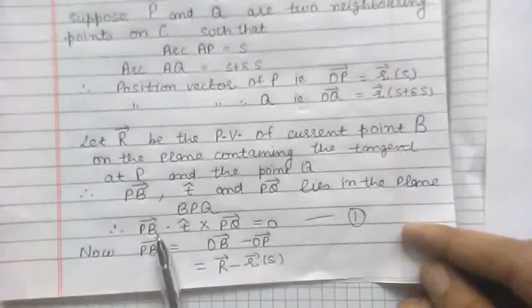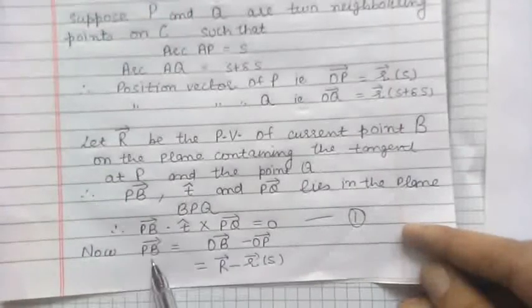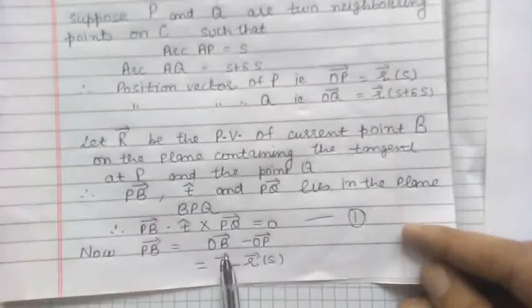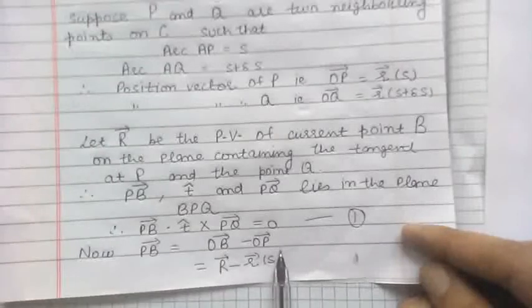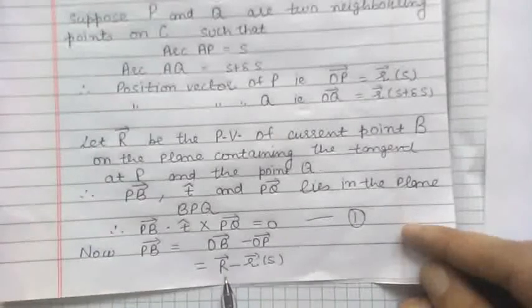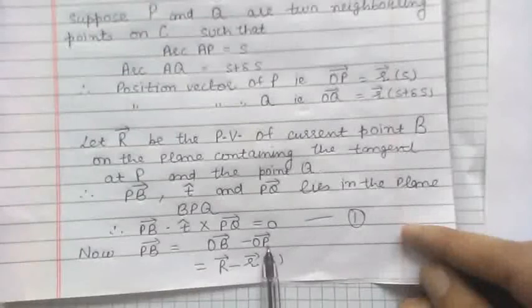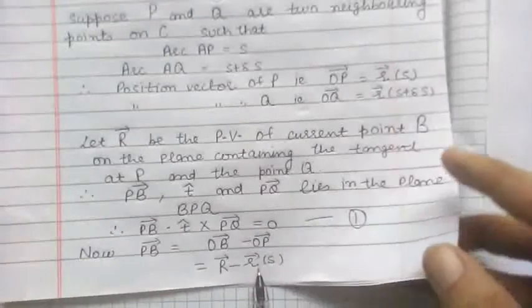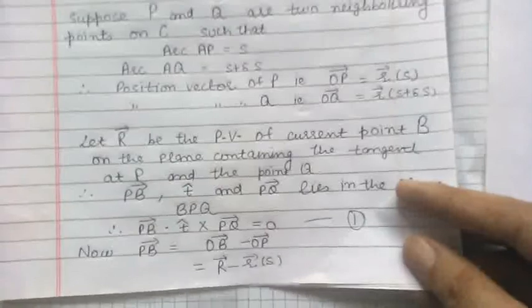Now let us find these vectors one by one. The vector PB is given by the position vector of B minus the position vector of P. The position vector of B is capital R, and the position vector of P is denoted by small r.